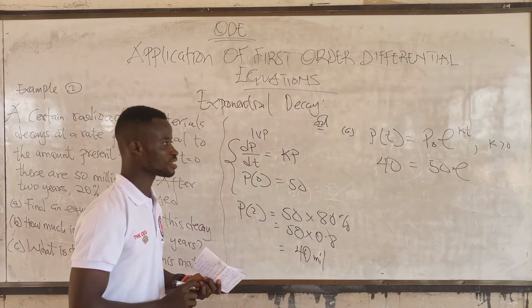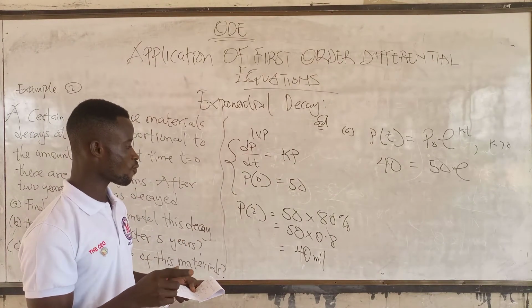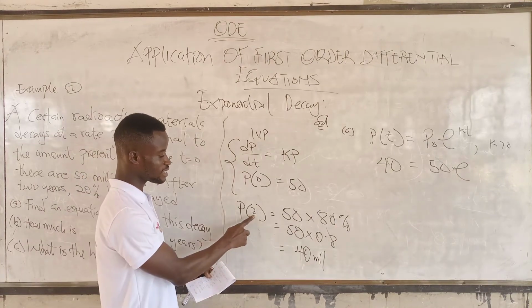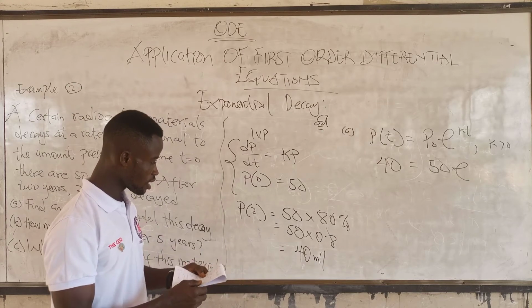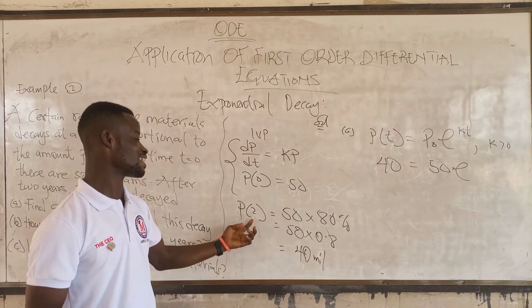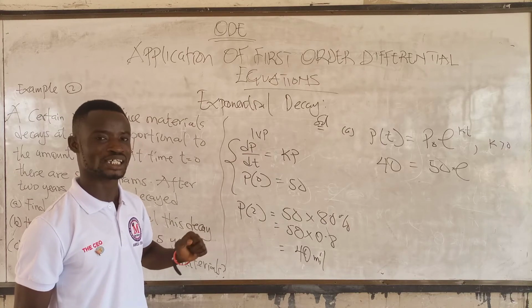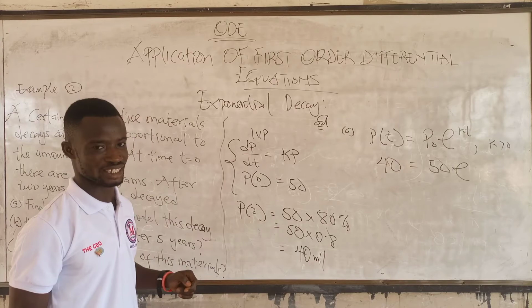But what is t here? Tell me what is t here. You can see that the t here is 2. So we are looking for the constant of proportionality before we come back to write the equation.